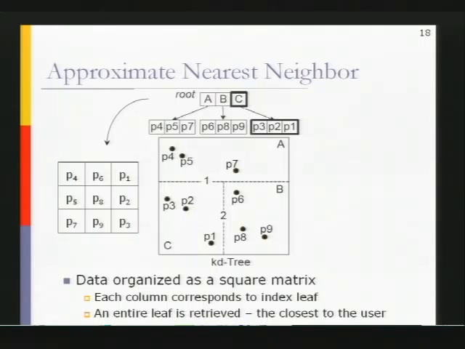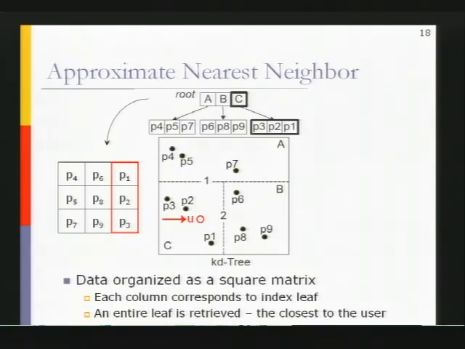Once I find out what the root node is, so basically I would know the rectangles A, B, and C, I will see where I am myself. And let's assume that I am in leaf C. Then I will perform a private information retrieval protocol only for this column here. And this time, I will use all of the elements that I retrieved.